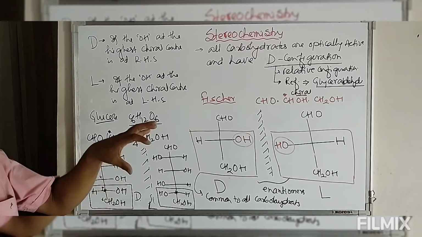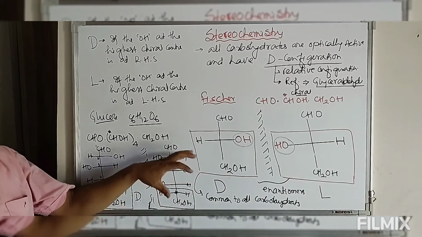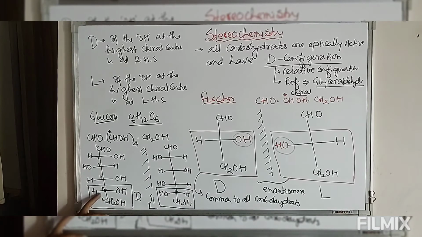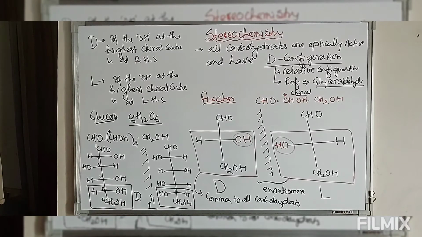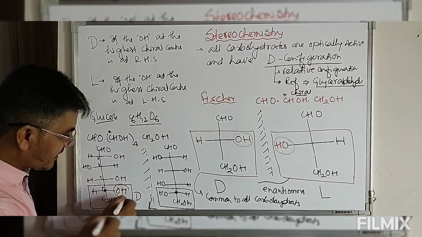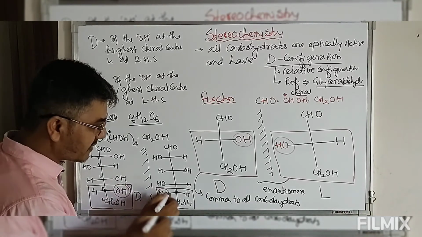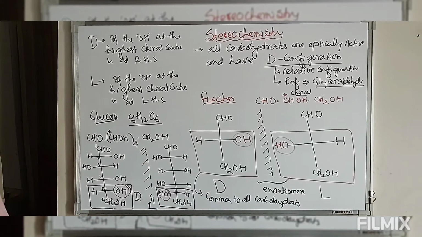So while discussing this relative configuration, focus only on the relative position of the OH in the highest chiral center. If the OH is on the right hand side, we say this is D form. If this is on the left hand side, we say this is L isomer.